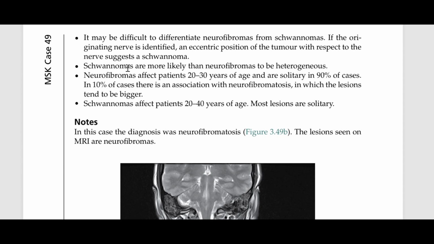Neurofibromas and schwannomas, what is the main difference between them? Neurofibromas affect the 20 to 30 age group. Neurofibromas usually tend to be solitary. However, schwannomas tend to be multiple.